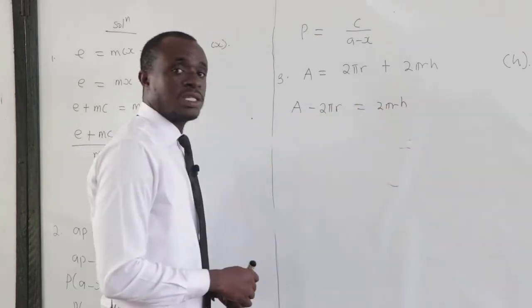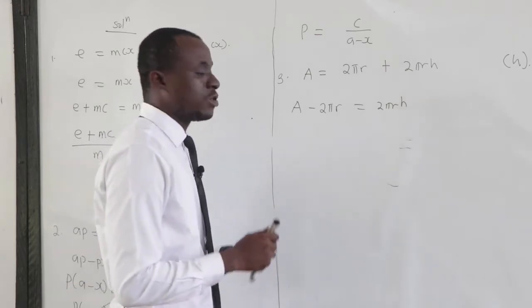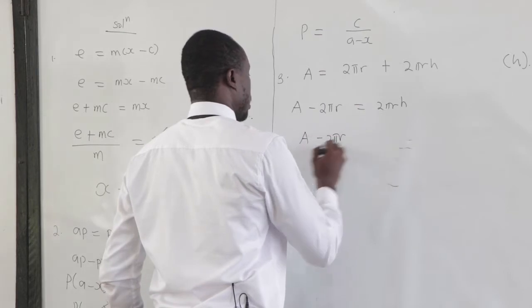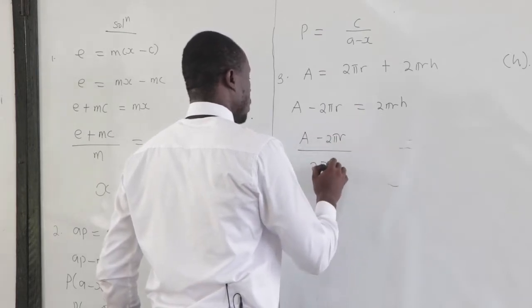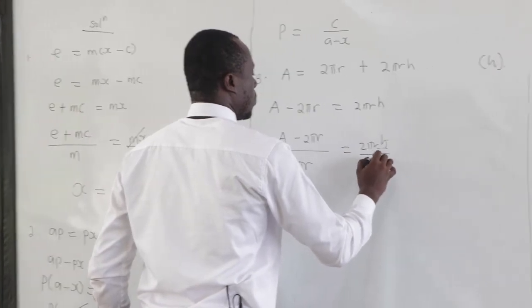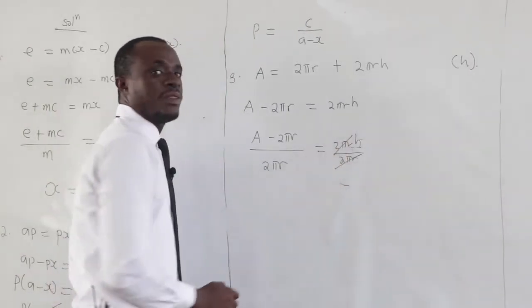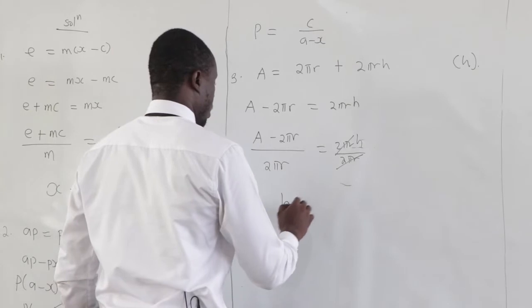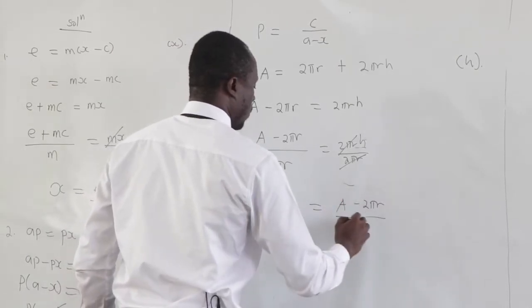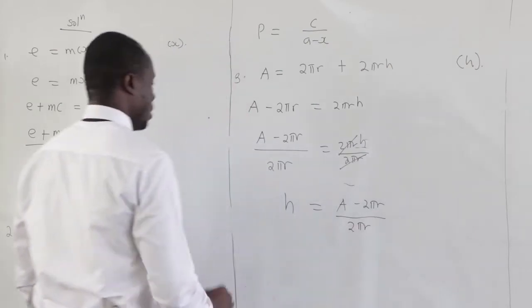We want to make h the subject, divide by what is multiplying it, which is 2 pi r. So you have (A minus 2 pi r) all over 2 pi r equal to 2 pi r h all over 2 pi r. Now this is cancelling out that. So what do you have? You have our h to be (A minus 2 pi r) all over 2 pi r.